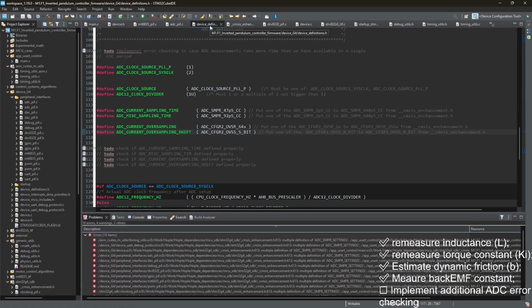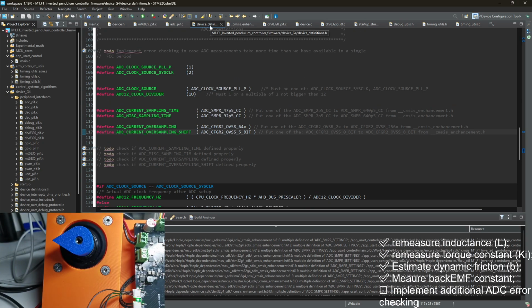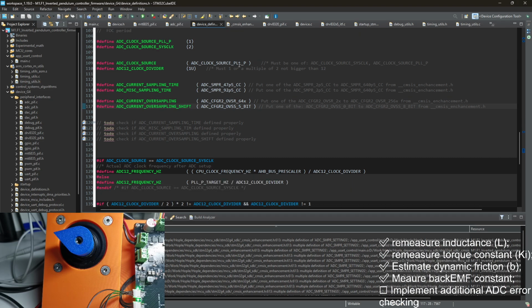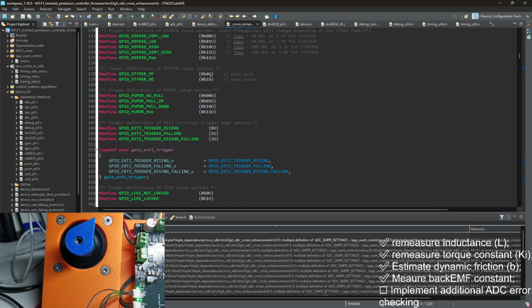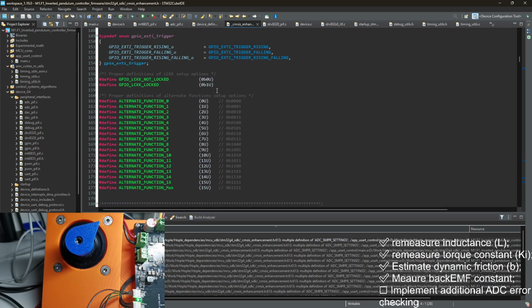Device definition. My camera broke. Okay, and it's fixed itself. This is not a redefinition, right? Oh, maybe I know what's wrong. Oh, I know. I'm just a dumbass.